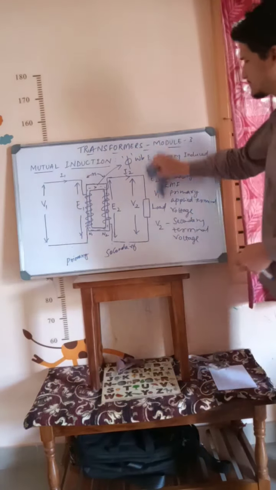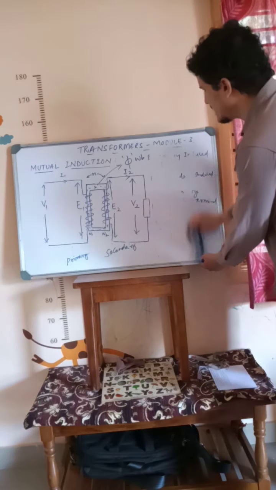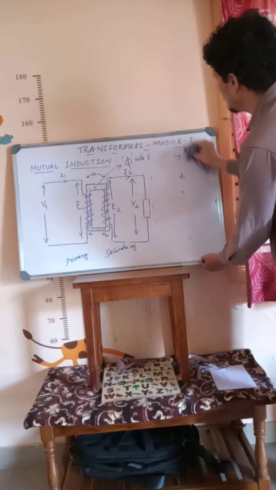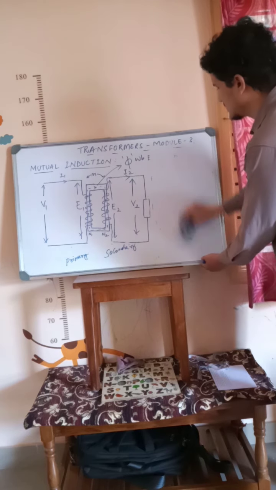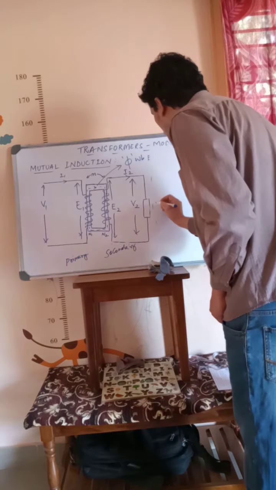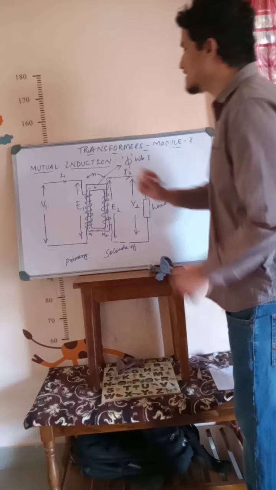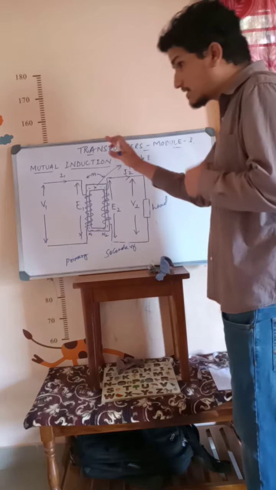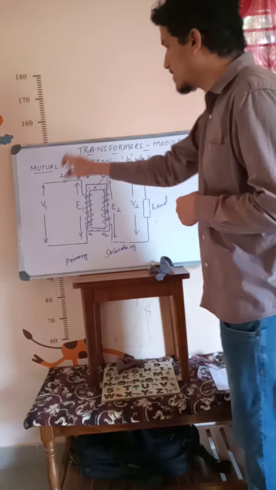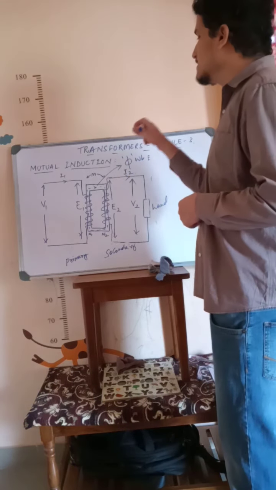So now what I can infer from this study is, whenever you pass a current in the primary, alternating current strictly speaking, an EMF is induced in the secondary.